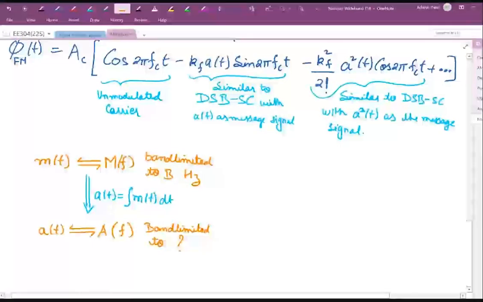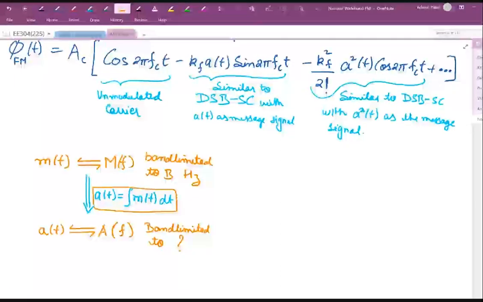You knew the maximum frequency component in m(t) is B hertz. So if I take the integral of that, what should be the maximum frequency component in the integral of m(t)?